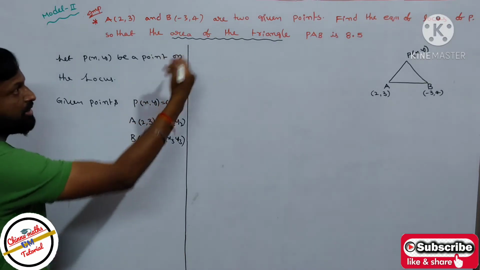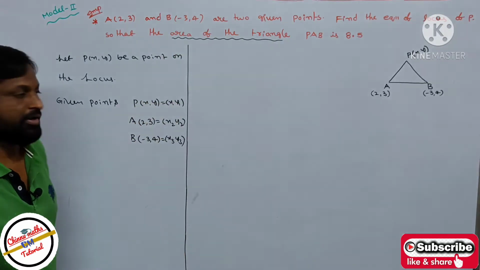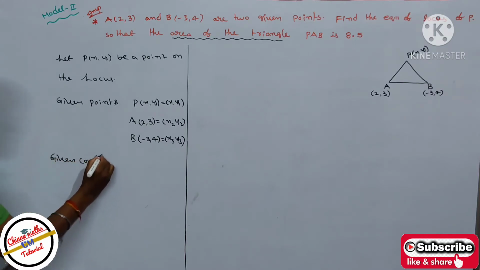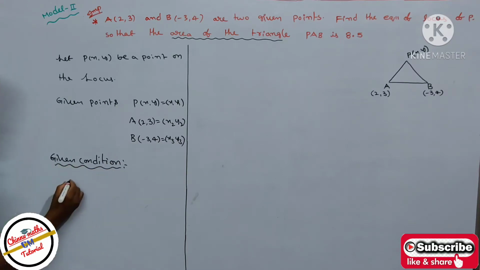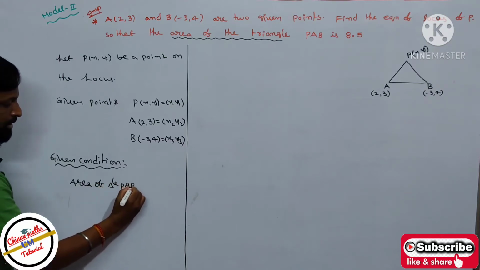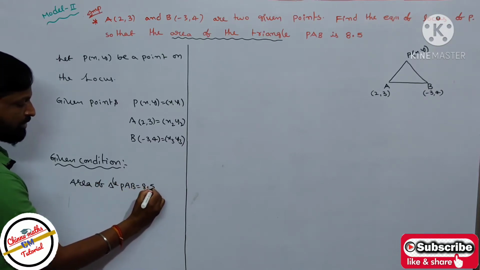Given that the area of the triangle PAB equals 8.5 units, so then the given condition is area of triangle PAB equals 8.5 units.